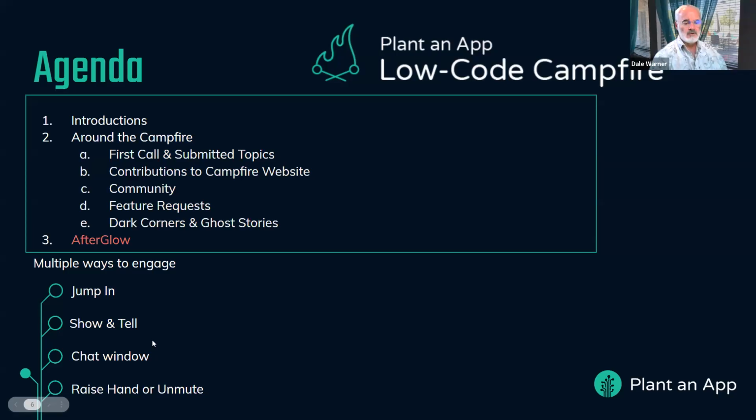We call those dark corners. There are lots and lots of features in the product, and it's amazing that even now, more than 5 years in, I keep learning about new places within the product. We'll do that for an hour or so, and then we'll go into our afterglow segment.